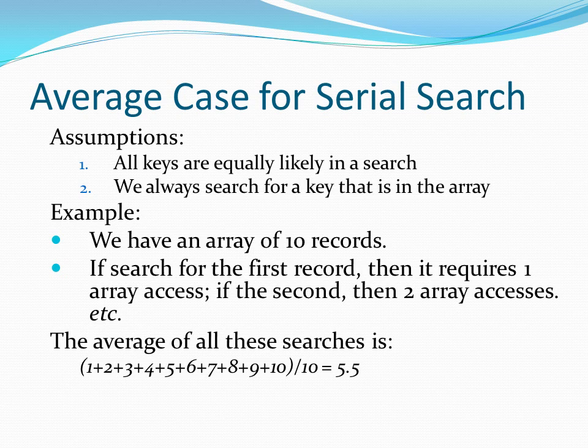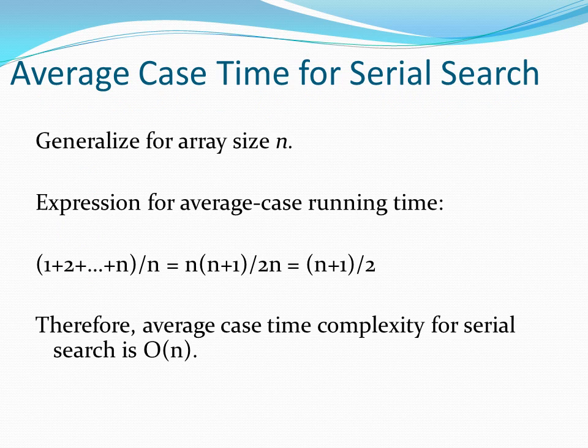The average search is first, second up to 10 divided by 10, then our average case is 5.5. In general, 1 plus 2 plus up to n divided by n, so that n plus 1 by 2. Average case analysis.